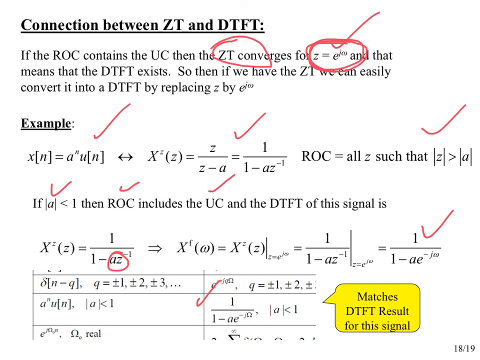So remember, when A has a magnitude less than 1, this signal that we started with is a decaying causal signal. So that means that as long as we have decaying sinusoids, we can deal with DTFTs. But as soon as we start getting into exploding exponentials, then the DTFT is a tool that fails to work, but the Z transform comes to our rescue.